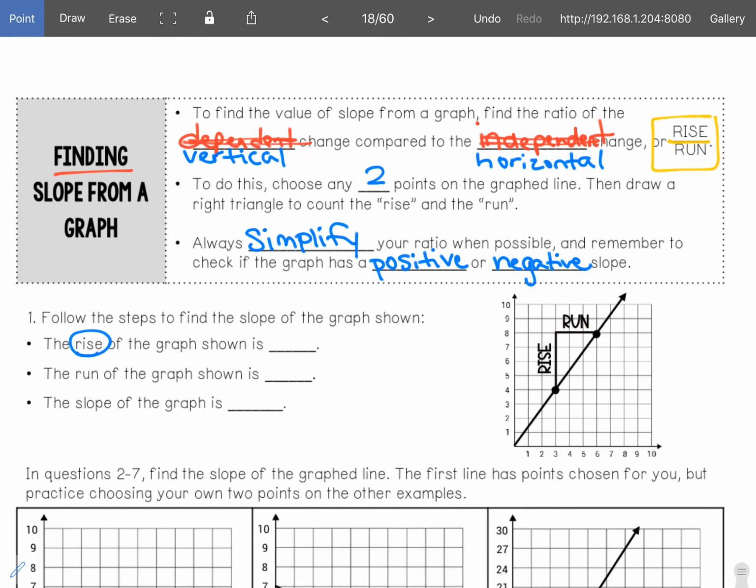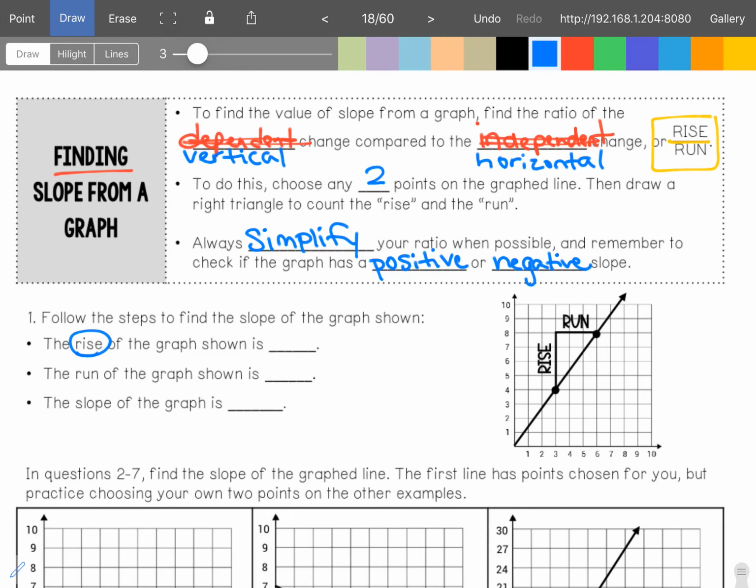You go vertical and then horizontal. The rise is 1, 2, 3, 4 units. The run is 1, 2, 3 units. So the run is 3, and therefore the slope of the graph is 4 over 3.